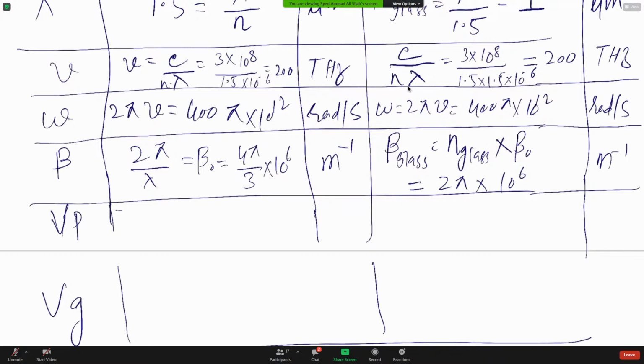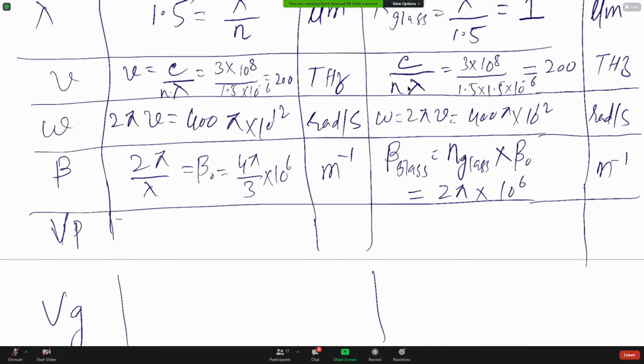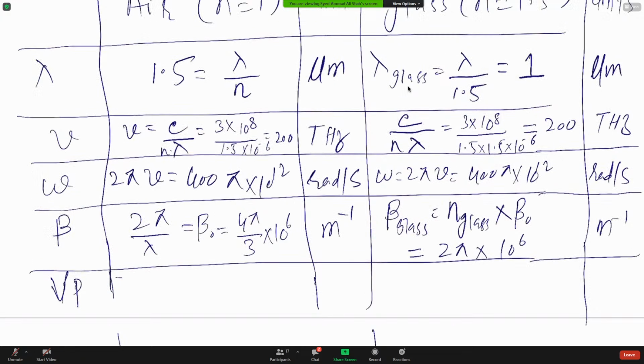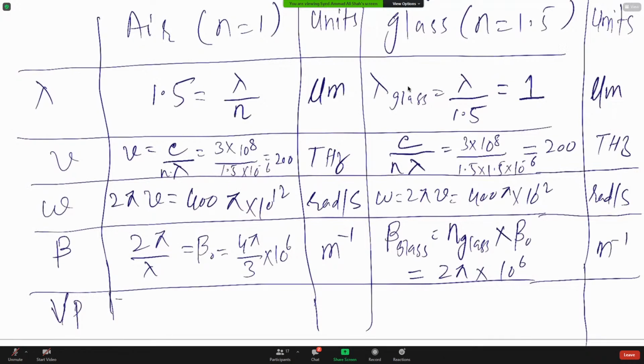Let me see, yeah, maybe I did a mistake here. Then multiplied by, so that's 1.33. 1.5 into 1.5, then you have 3 divided by 1, so 1.33.